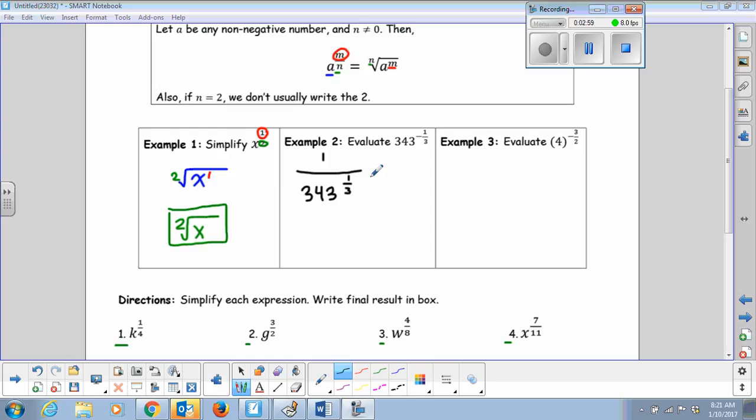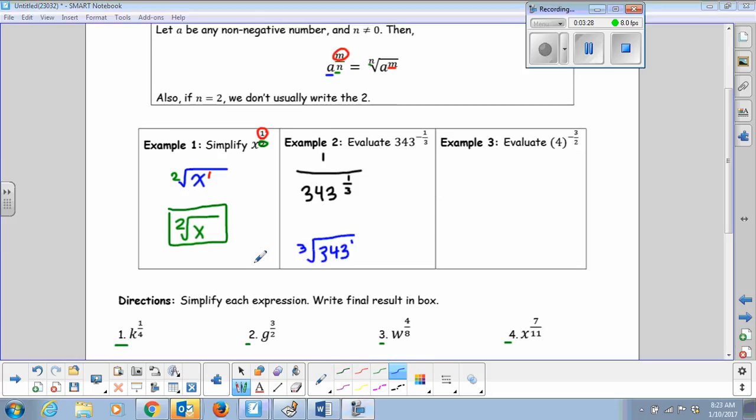When you have the positive fraction, you could just rewrite the bottom. So 343, that's my base, goes inside. The number on top goes inside, so that's a 1. The number on the bottom goes in front, so I have a 3 here.